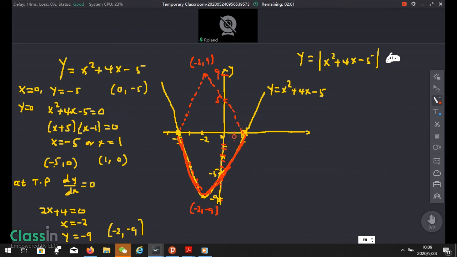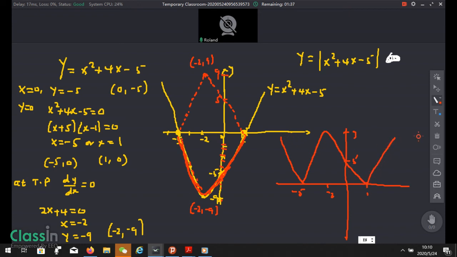The actual shape, if drawn properly, will be like this, meeting at -5, 1, with the turning point at (-2, 9), moving up, crossing 5, and coming here.